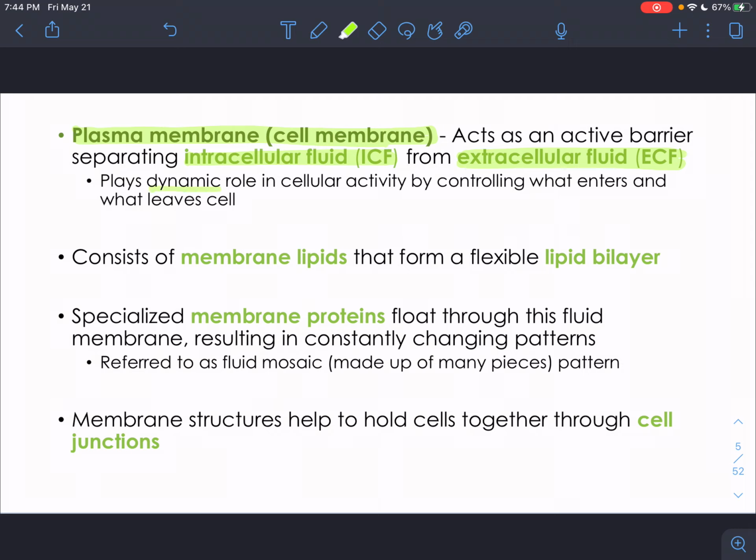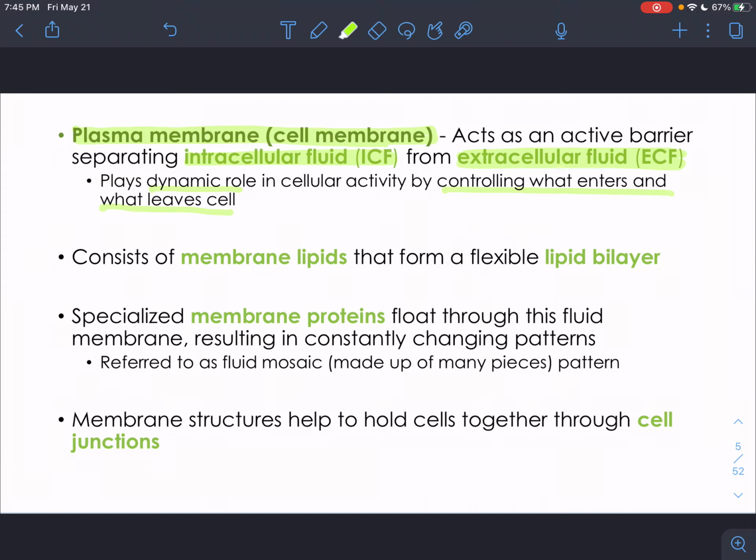It plays a dynamic role, meaning that it's changing constantly, and it controls what enters and what leaves the cell. Okay, so even though a cell is bathed in that interstitial fluid, say there's a lot of sugars in that fluid, the cell doesn't want too many sugars if it doesn't need them, so that plasma membrane controls what comes in. It's only going to allow stuff in that it needs or that it wants for some purpose, right?